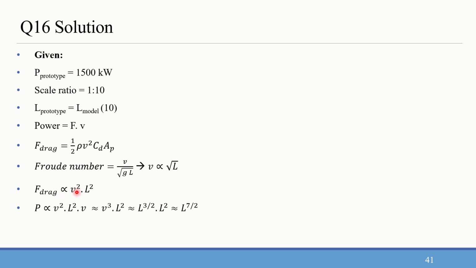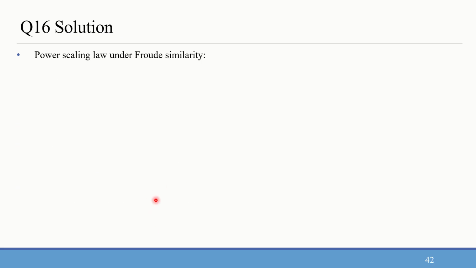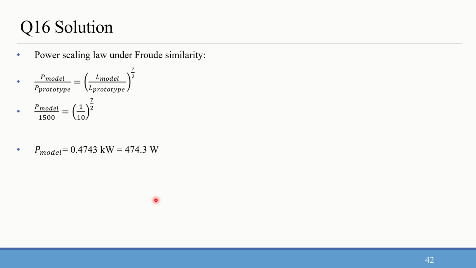V squared is L. So it becomes L cube into L power 1 by 2. So it is again L^(7/2) only. Power is proportional to L^(7/2). L is the characteristic length. After that we are substituting model and prototype and we are getting the final power as 474.3 watts.